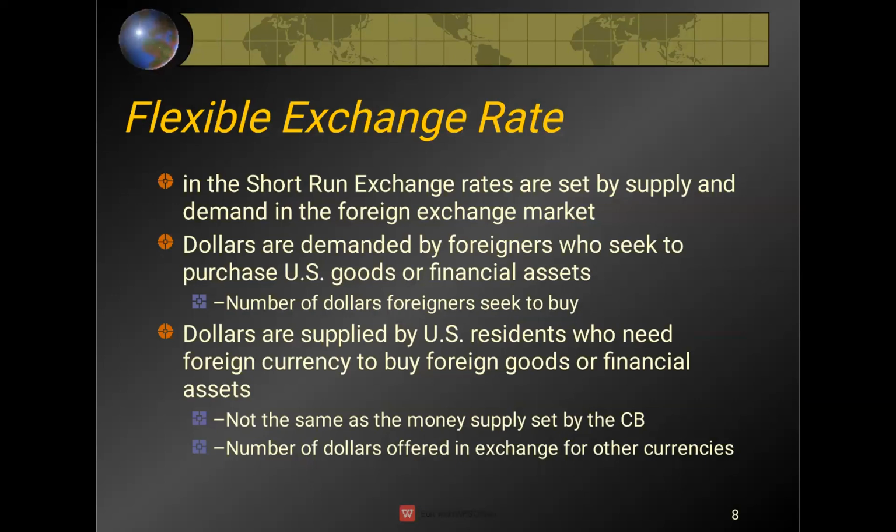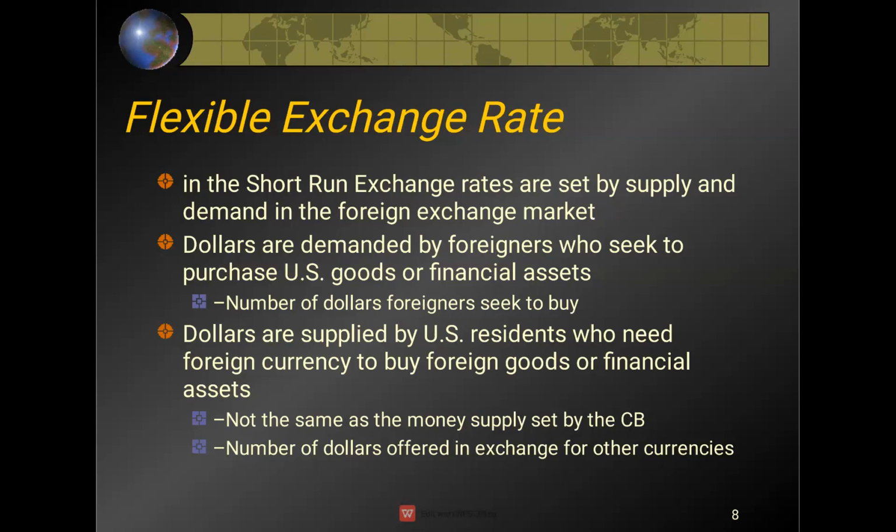Now, what about the flexible exchange rate? In the short run, exchange rates are set by the forces of demand and supply in the foreign exchange market. Dollars are demanded, for example, by foreigners who seek to purchase United States goods or financial assets. So the number of dollars depends on how much dollar is being demanded.